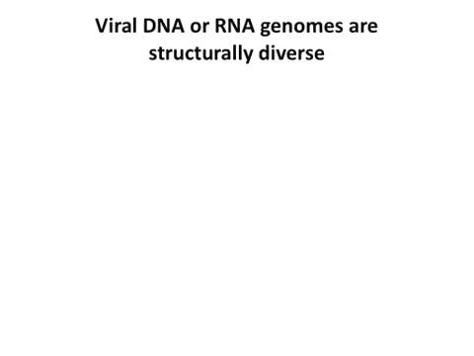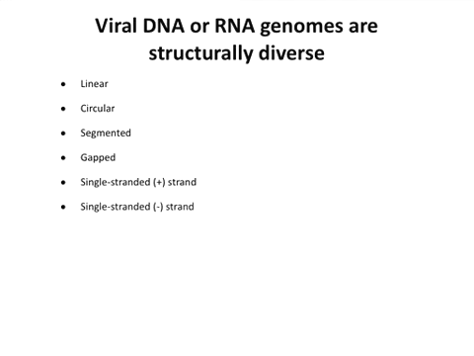Viral RNA or DNA genomes are structurally quite diverse, as you'll see in a few moments. They can be linear molecules, they can be circles, they can be segmented, that is in pieces, with each piece having one or more genes on it. They can have gaps in them. They can be single-stranded of plus polarity or minus polarity.